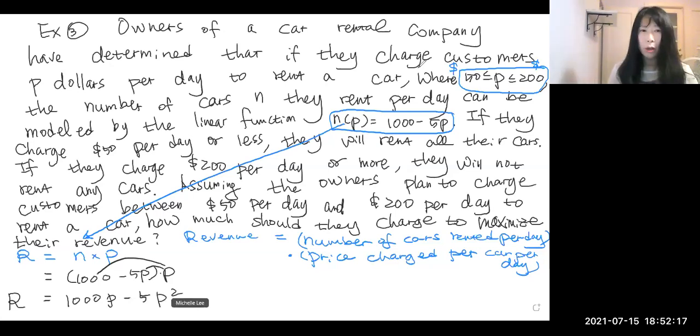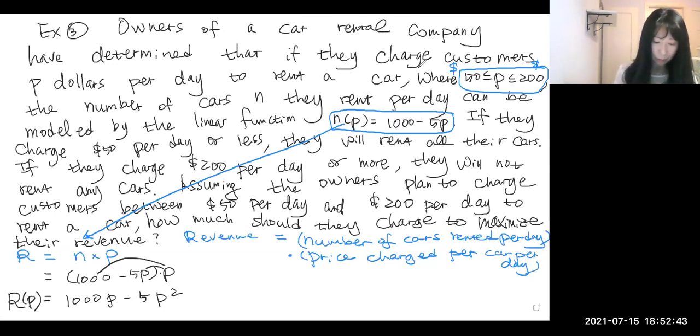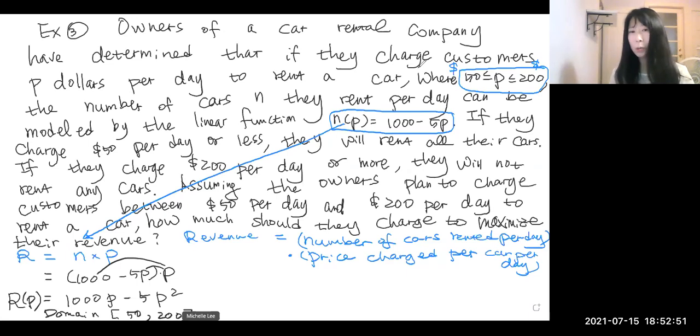Now we create this as a function of P, the price in dollars. They already give us the feasible domain, dollars between 50 and 200. So that will be the domain. Now we just find the critical point and then we evaluate.